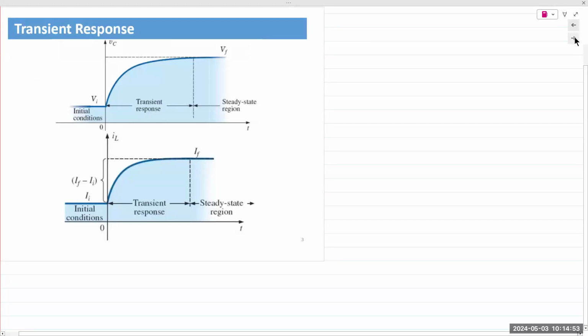Transient response for all circuits always follows the same pattern. It is exponential in nature. Both of these waveforms are showing charging. This one is for voltage, this one is for current. Whether it's voltage or current, it doesn't really matter. Both of them follow an exponential form. A discharging waveform also has an exponential relationship with time.